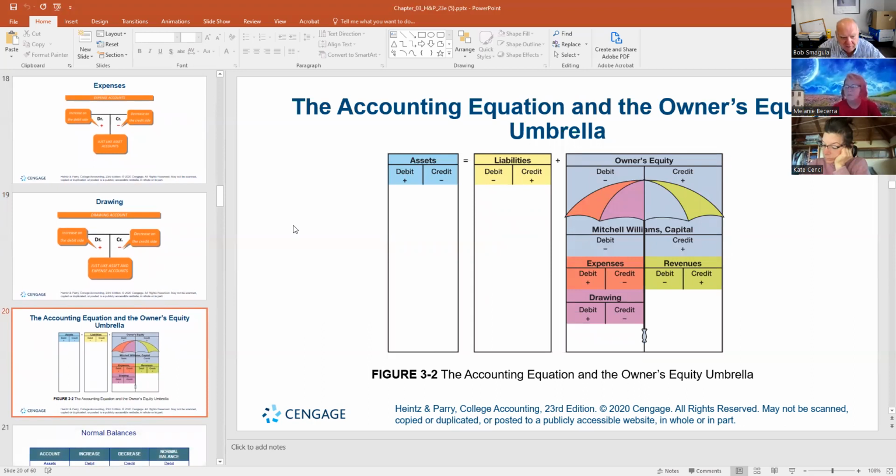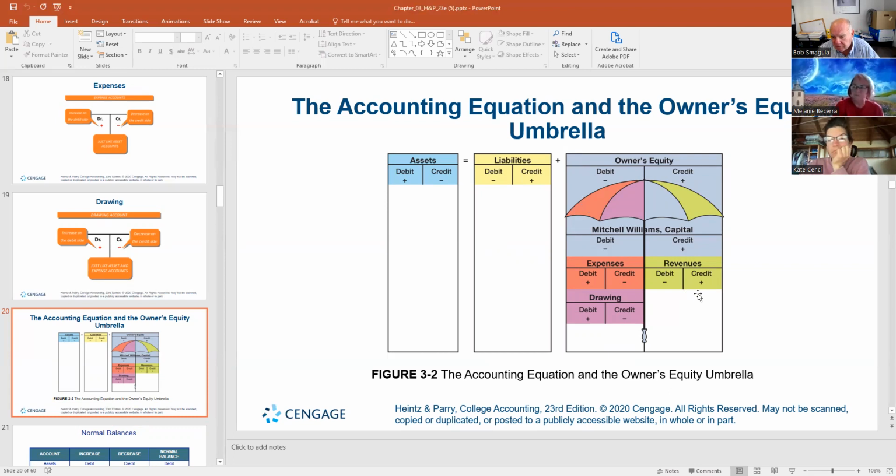And now we're going to look at a couple pages that might help you learn these rules a little more. Assets, debit balance, liabilities, credit. Owner's equity has a normal credit balance. But look at the components of owner's equity.